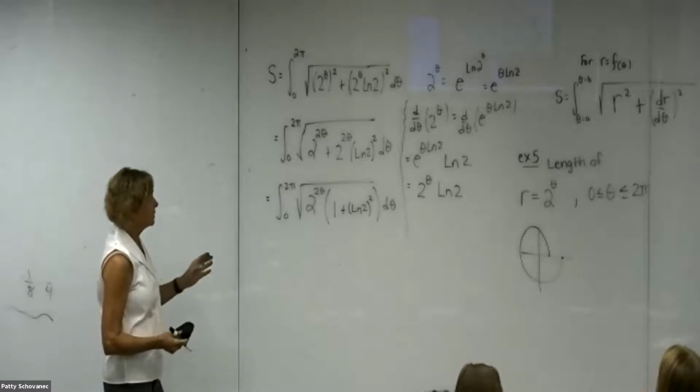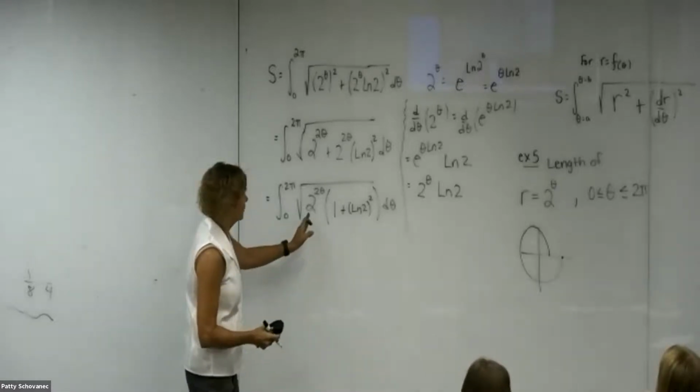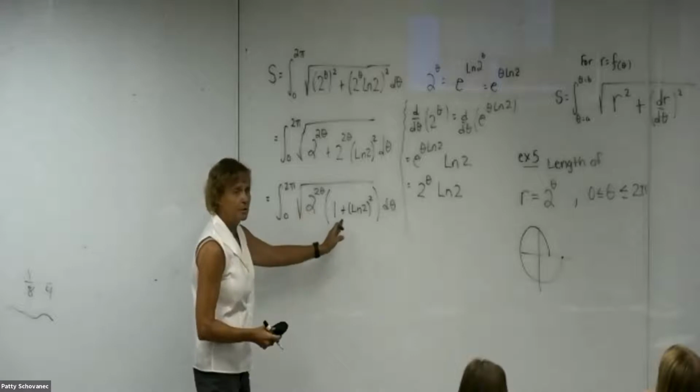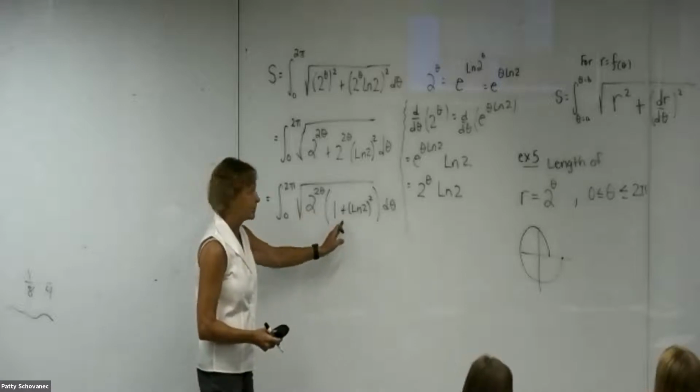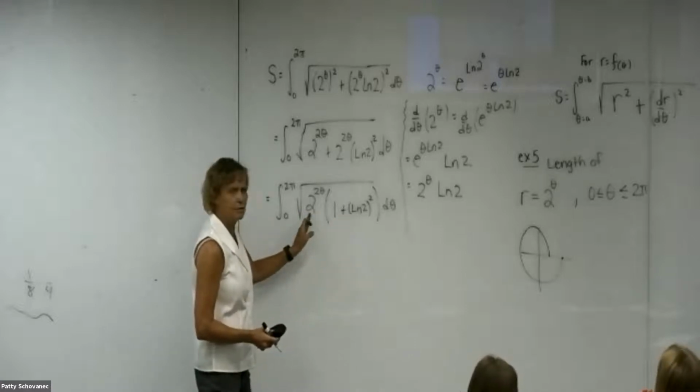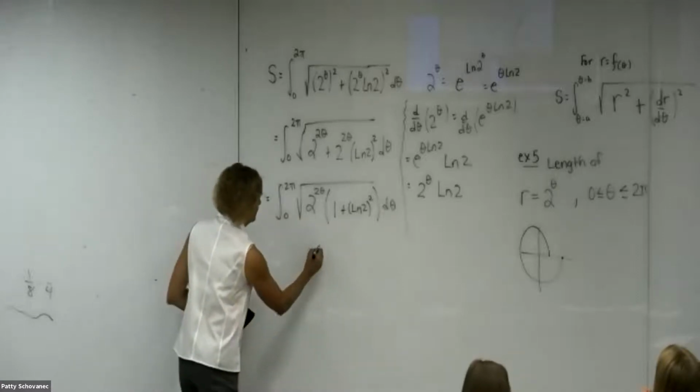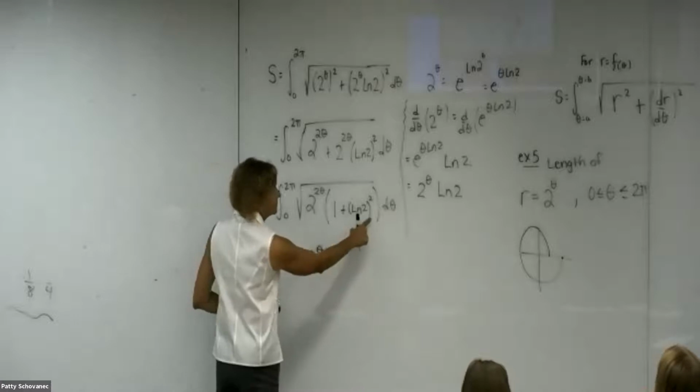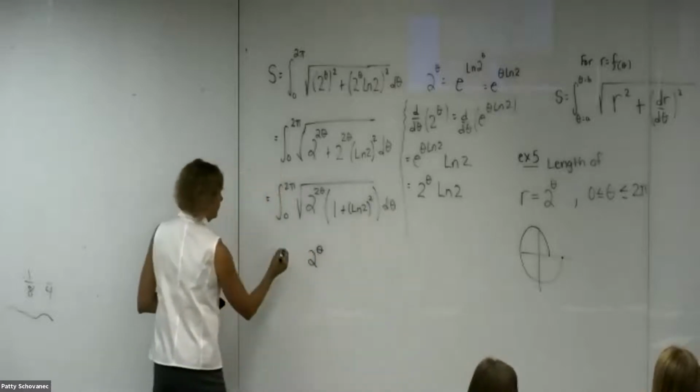If you have a product, then you could take the square root of the product by taking the square root of the first term times the square root of the second term. What's the square root of 2 to the 2 theta? 2 to the 1 theta. There's that. That's a constant, so I'm going to take it out front.